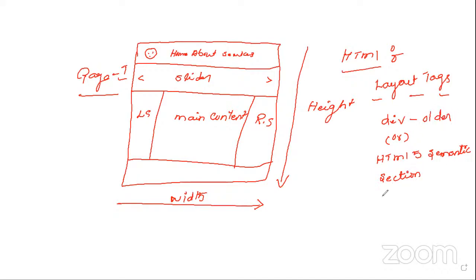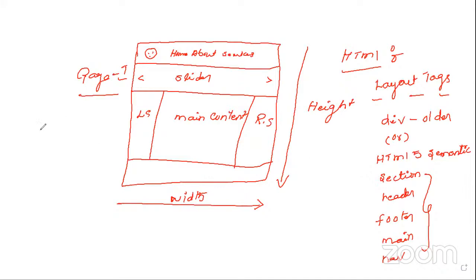And in HTML5, the section tag, header tag, footer tag, main tag, and navigation tag come under layout. Today we are going to learn how to build a web page by using all these tags. Guys, listen carefully.